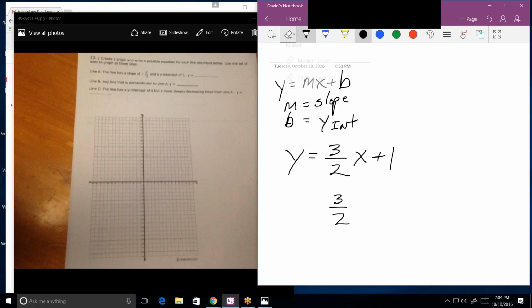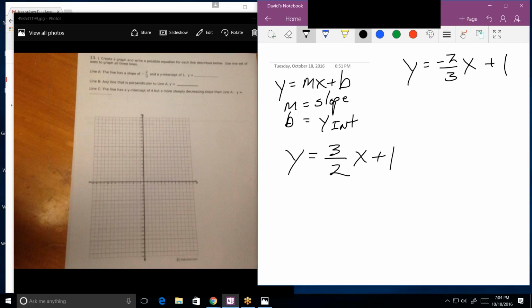In other words, they didn't specify anything else other than this line had to be perpendicular to the first line. Well, it is by definition. My first line had a slope of minus 2/3. I don't care what the y-intercept was, but the fact that this line has the negative reciprocal of the first one means that this line is perpendicular to this line.